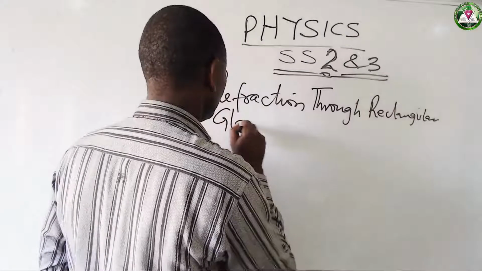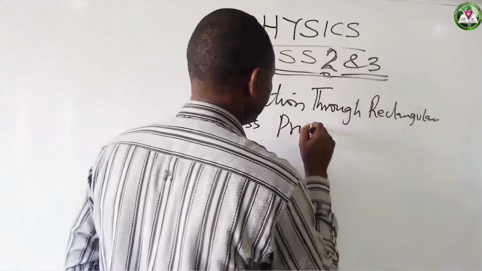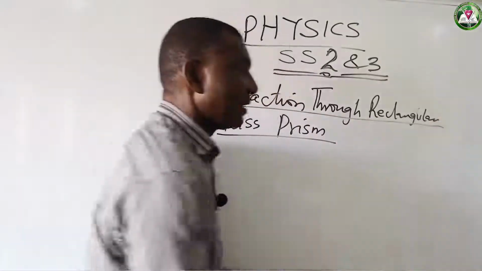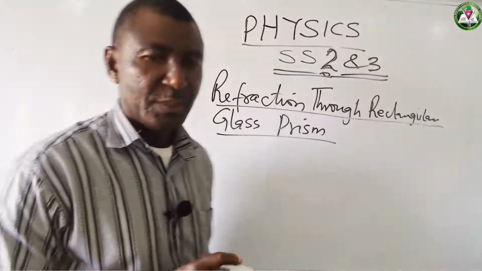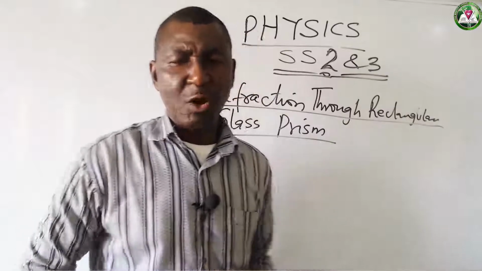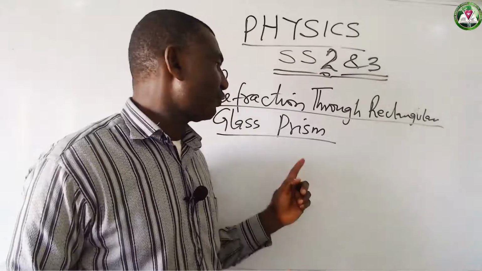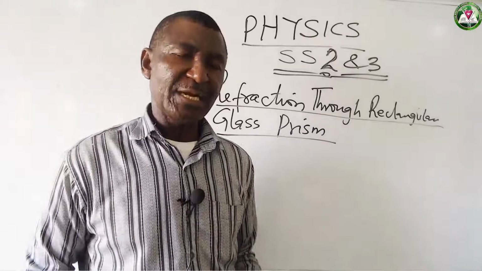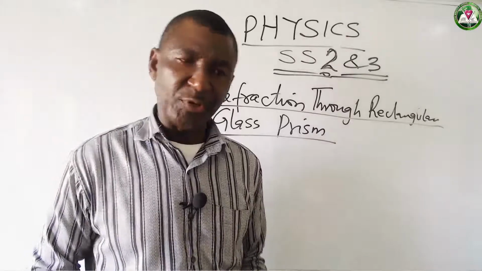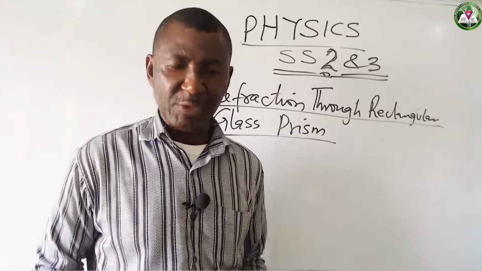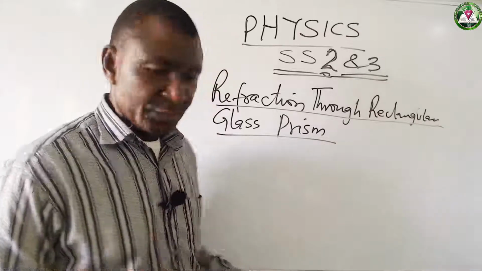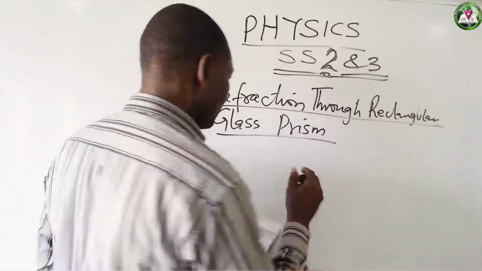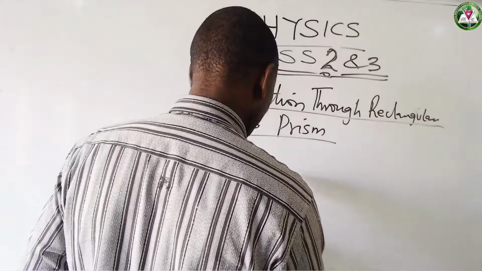Refraction through rectangular glass prism. Actually, this is a practical work, so you're supposed to do this work. Carry out the experiments, note what is obtainable, plot your graph and try to determine your refractive index. So let's see how we are going to go about this.